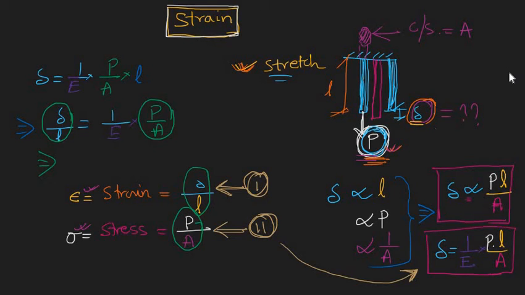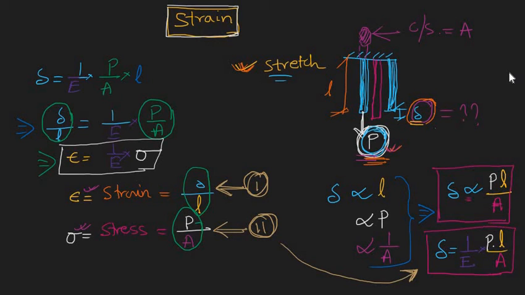So here strain is equal to 1 by E, that is constant, times sigma, that is P by A. So here you can see that strain can be expressed in terms of sigma.